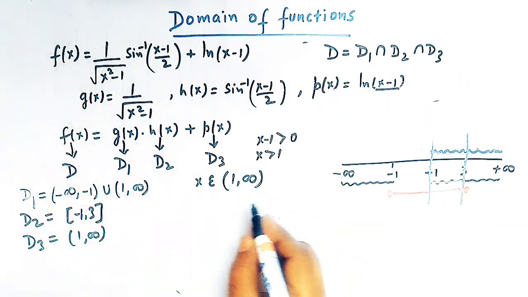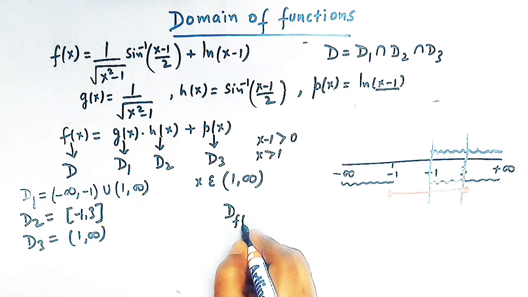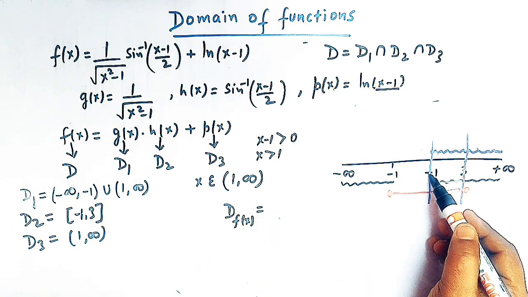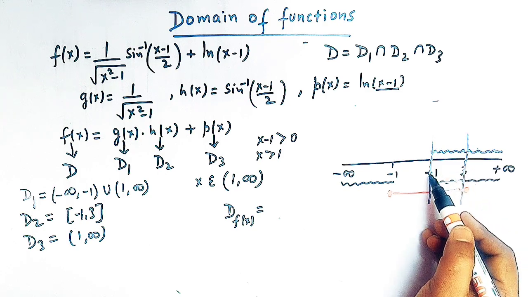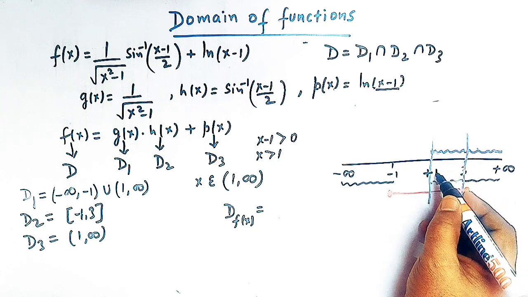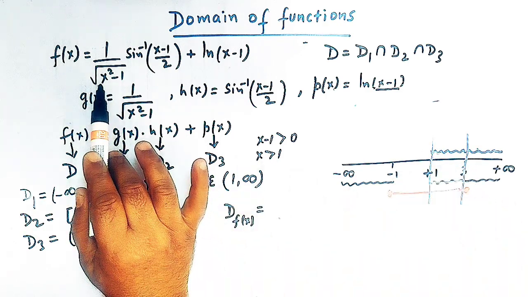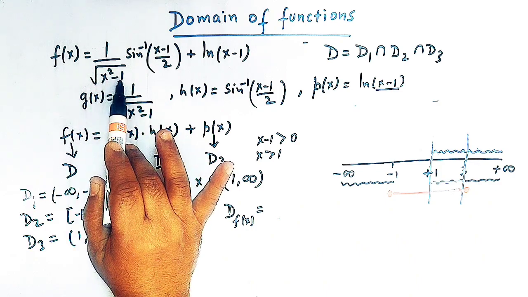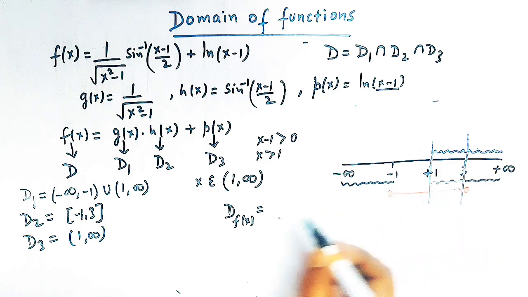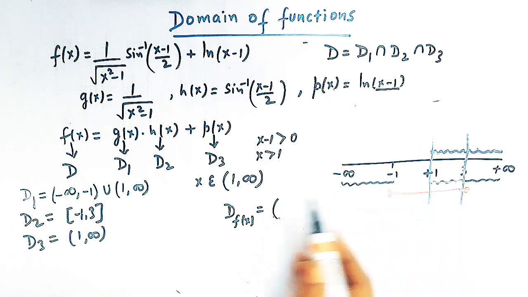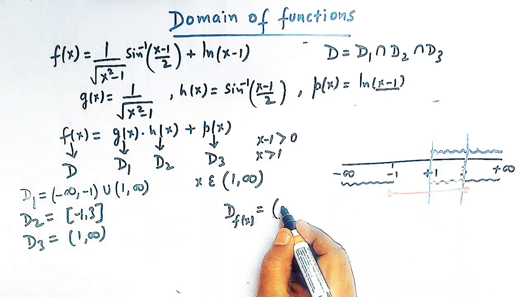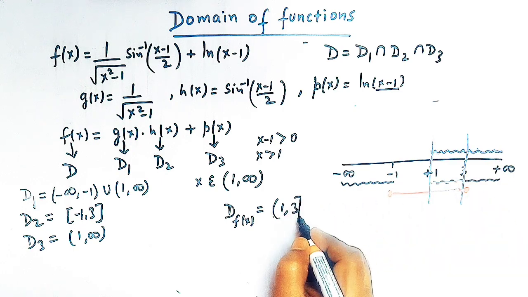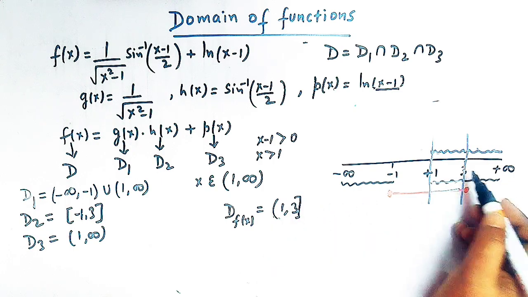So the domain of the function f of x is given by plus 1 to 3. And remember here plus 1 cannot be taken, because plus 1 makes x square minus 1 equal to 0. So we can write the domain of this function f of x as 1 to 3, but here 3 is included, right?